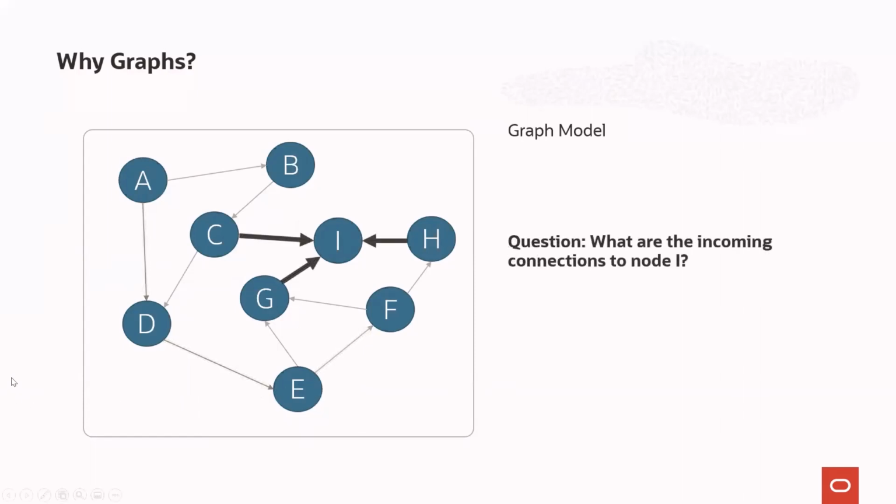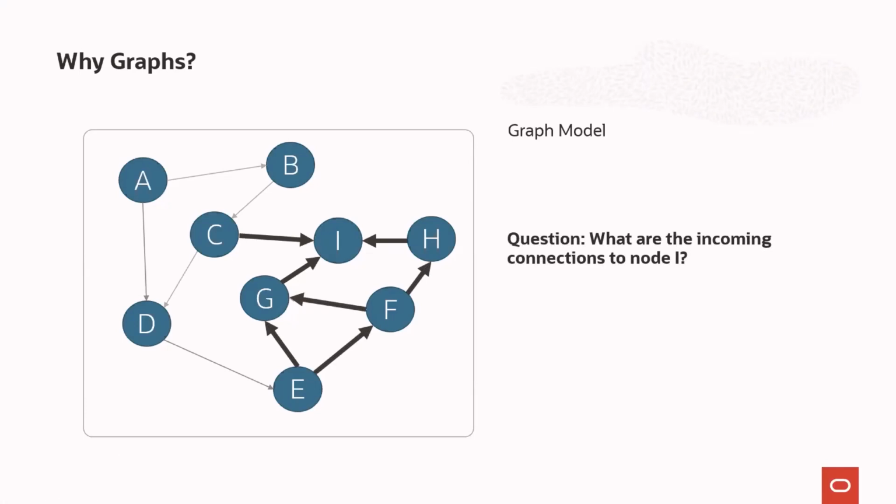What are some other questions that we can answer with this graph model? Let's take a look at I. If we want to know what incoming nodes are to node I, we see that C, G, and H all connect into I. But the interesting thing about graphs is you don't have to stop with these direct connections. You can also find indirect connections, like in this illustration.